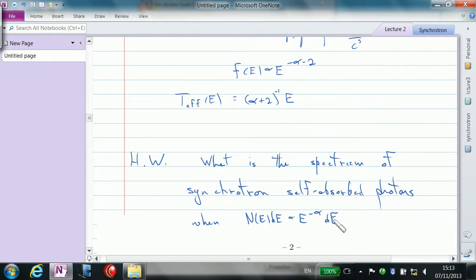So the electrons are a power law, and we already said what their temperature is. So you just need to say what the photon spectrum looks like in this case.